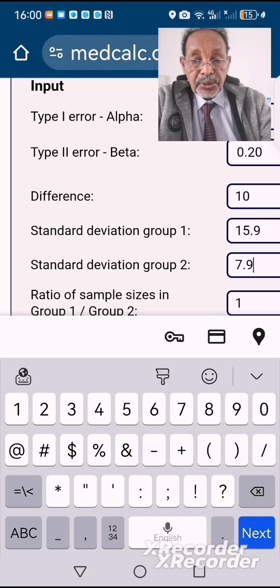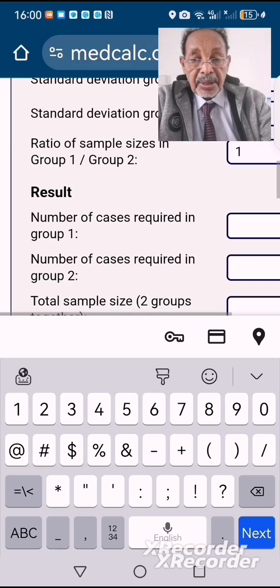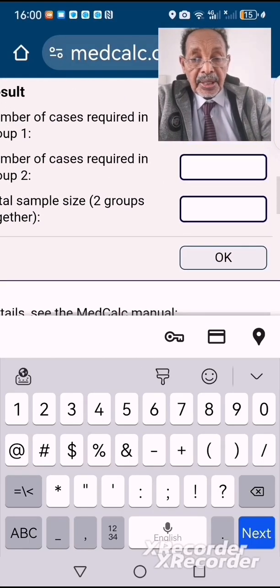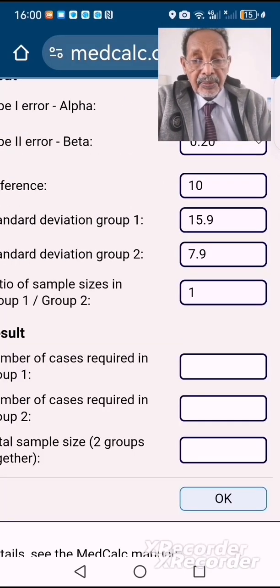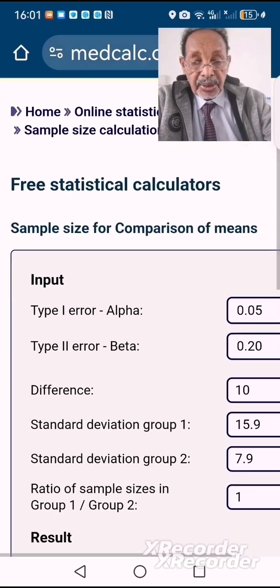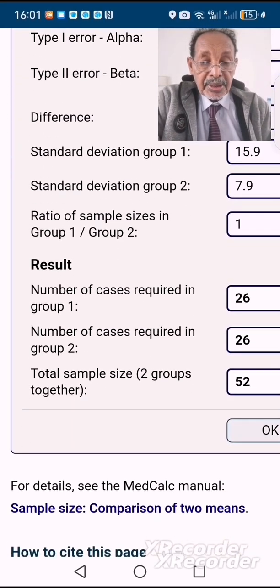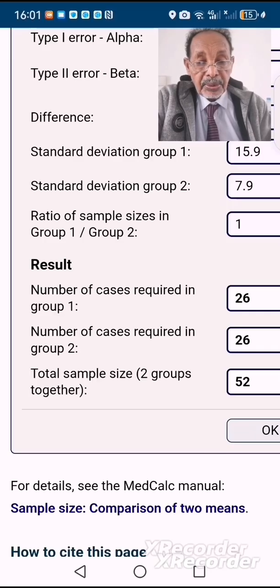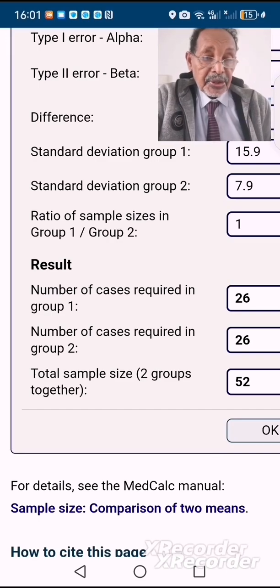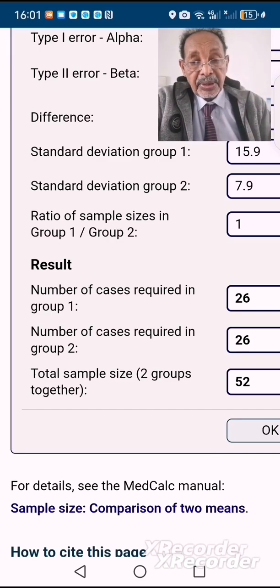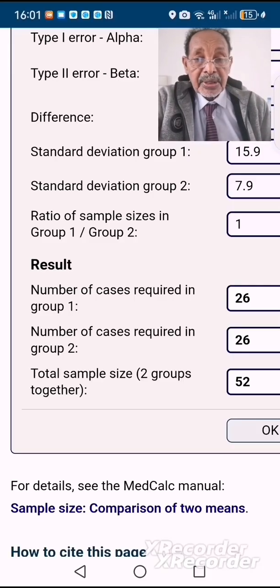And the ratio between groups is 1 to 1. And then we can ask to calculate, okay. And we see the sample size for us. We need 26 cases in each group, a total of 52 cases to estimate the C-reactive protein in acute appendicitis and in severely inflamed appendix.